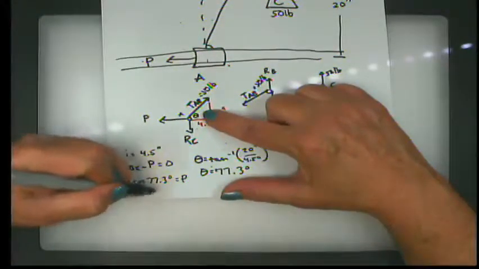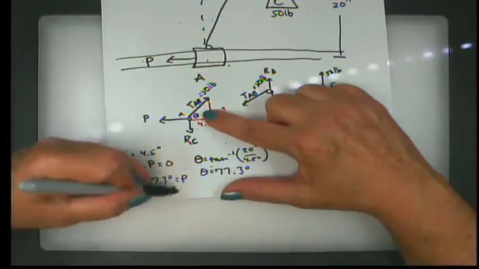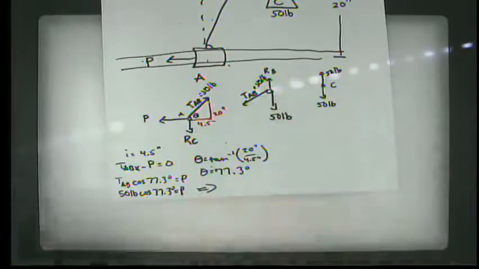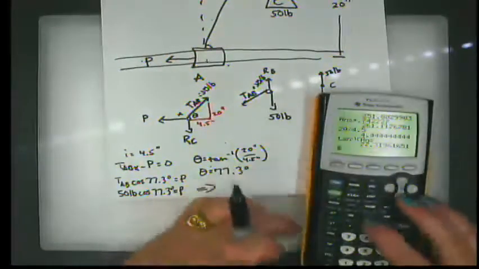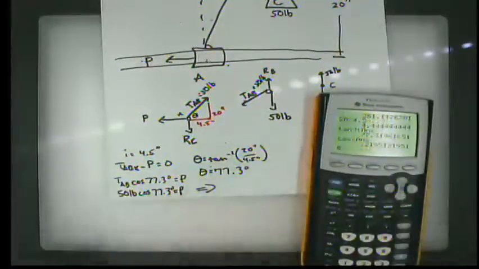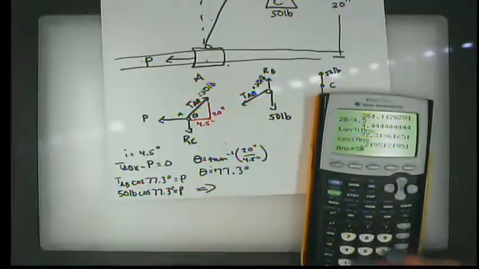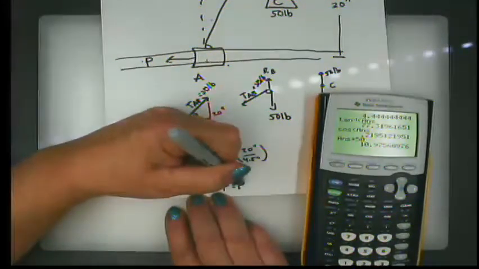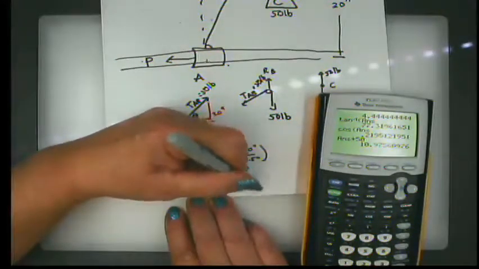So if I take 50 pounds times the cosine of 77.3 equals P, I can find it right away. So I take the cosine of 77, it's 0.2195, multiply that by 50, and I get a value of P of 10.97, or roughly 11 pounds.